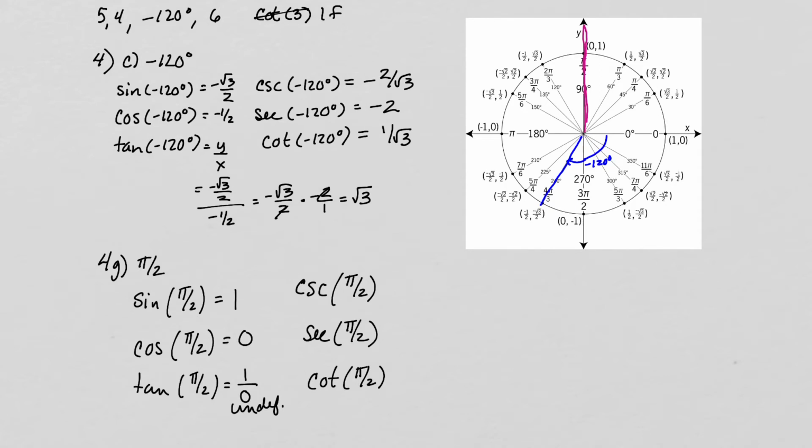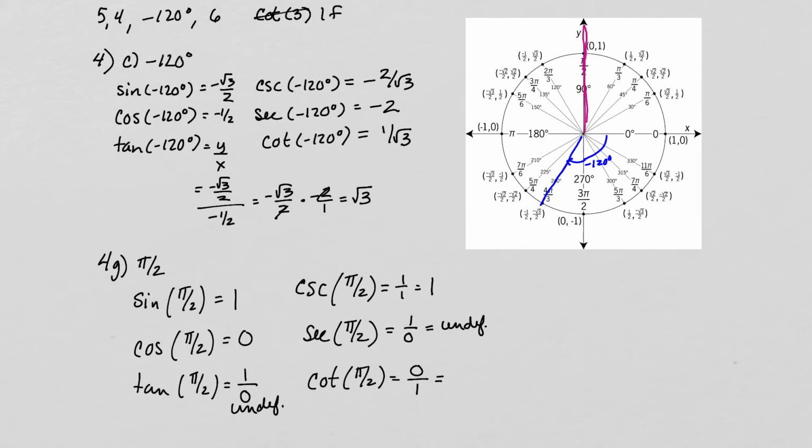And then we're going to flip them over. So if we flip them over, 1 over 1 is still just 1 for the cosecant. Here we would have 1 over 0 for the secant. So that's also the same thing, undefined. And then the cotangent of pi over 2 would be 0 over 1. Now, 0 over 1, that's okay.